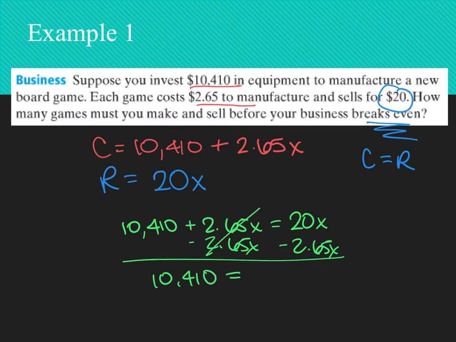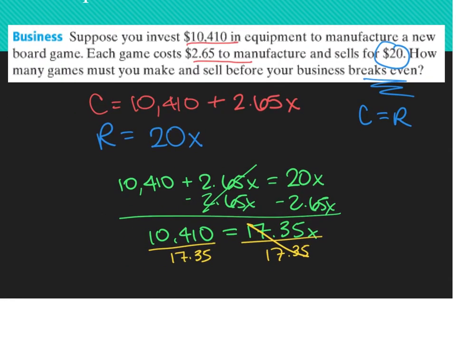These are going to cancel, equals $17.35 times x. And when I divide both sides by 17.35 to get x by itself, I am now left with x is equal to 600. So this tells me that I have to sell 600 games in order to break even.